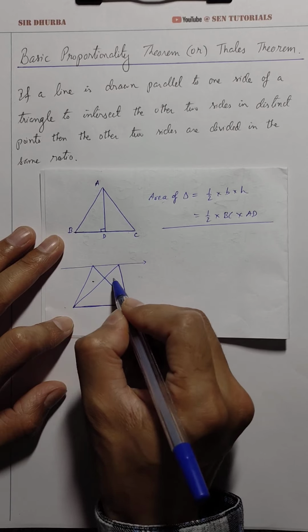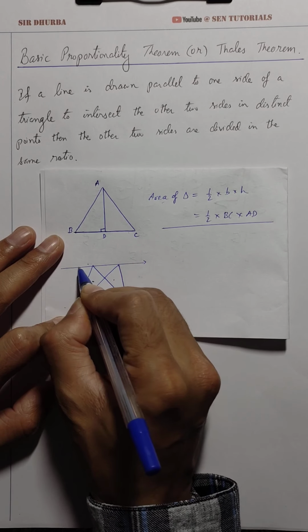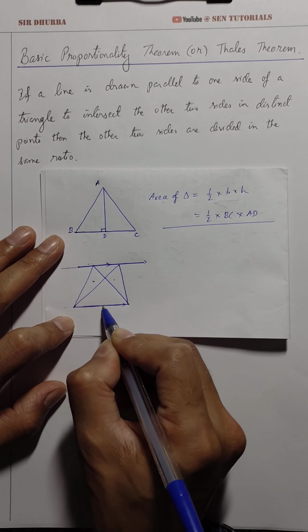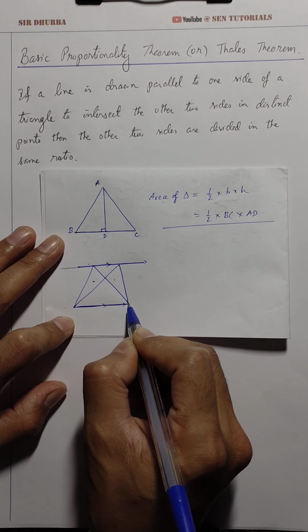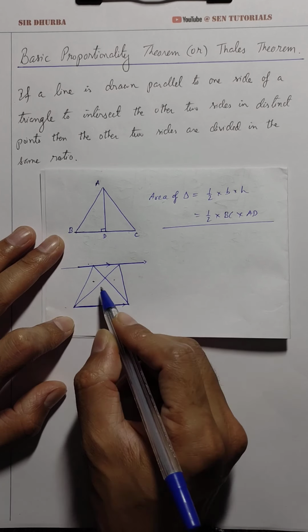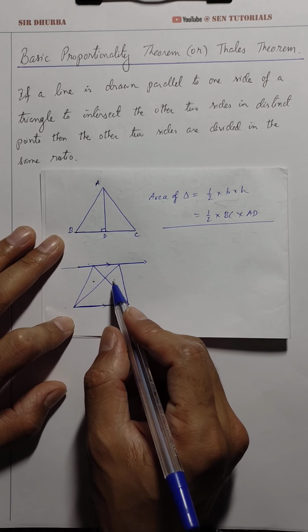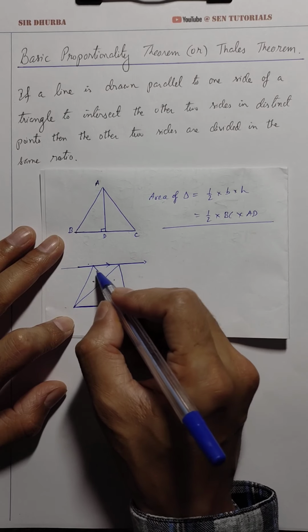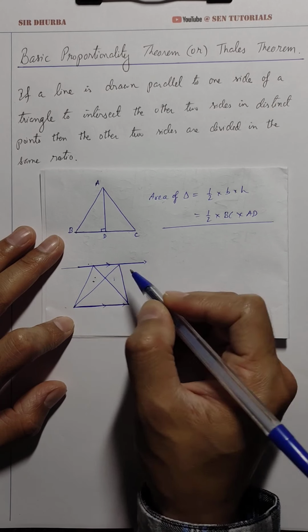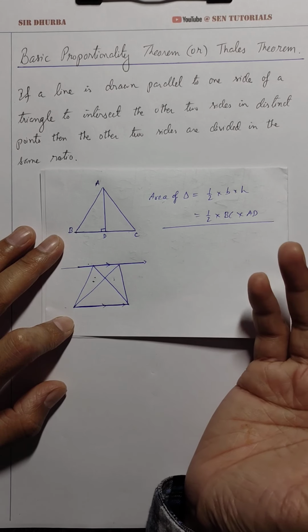We can see that these two triangles are between the same parallel lines and on the same base. In class 9 we have learned one theorem, that the areas of the two triangles which lie on the same base and between the same parallel lines will be equal.